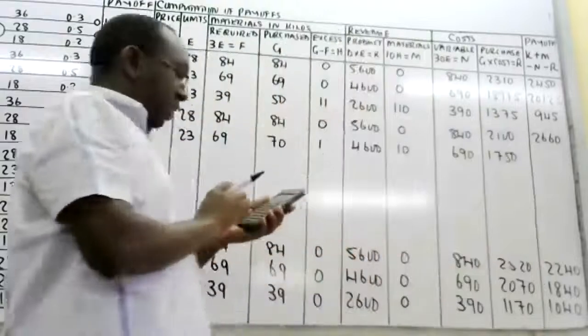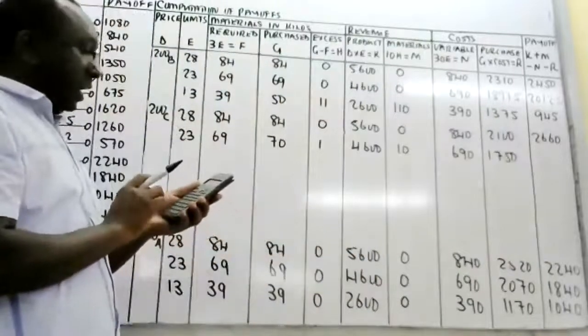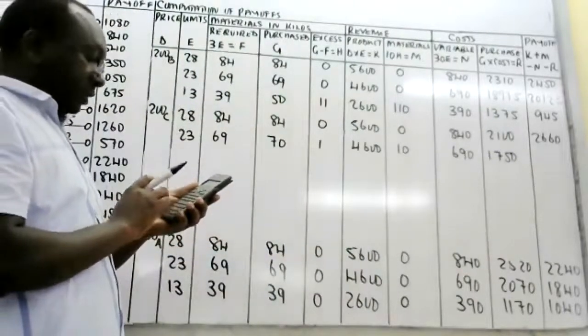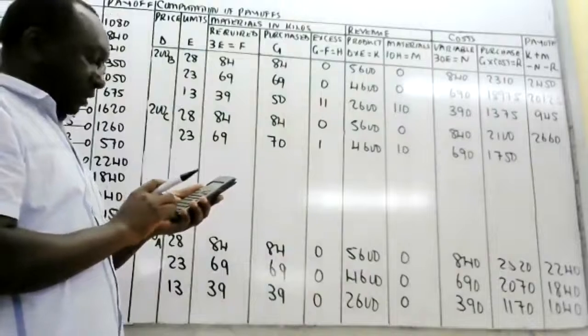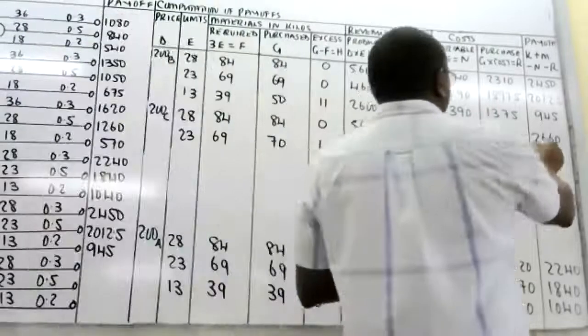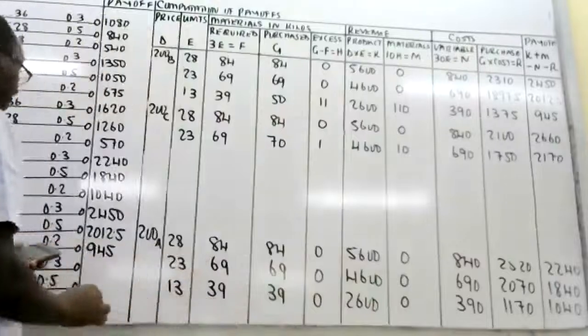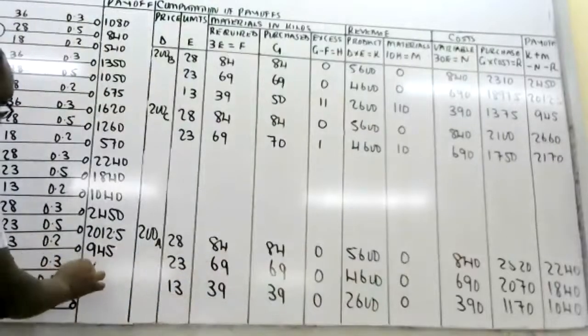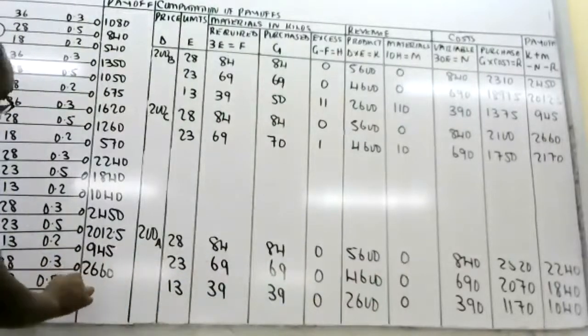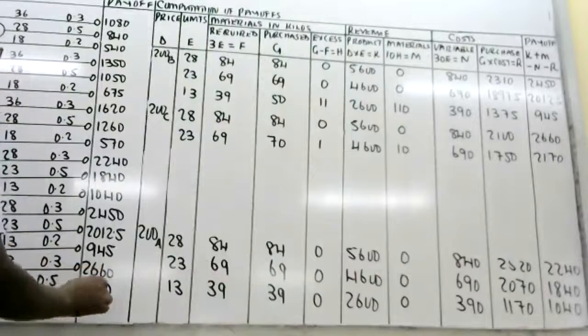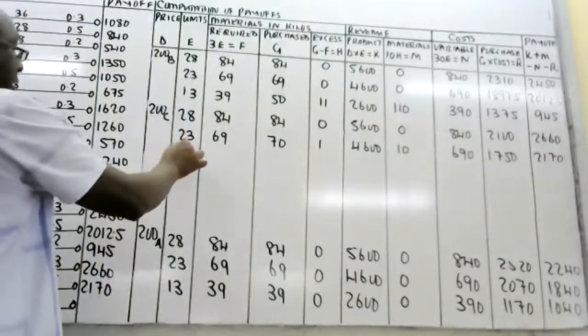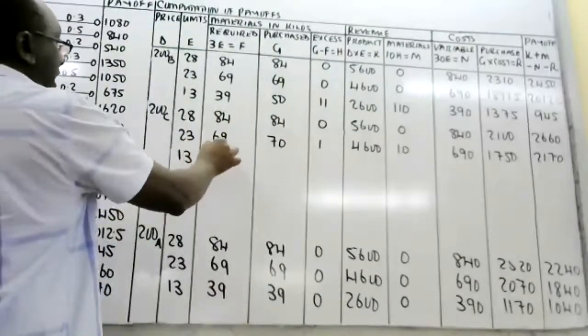So I will need 4,600. I add 10. I subtract 690. I get the answer, which is 2,170. So I will come here and record 2,170.